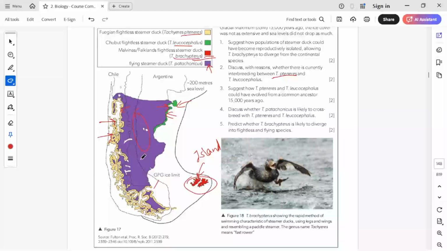The ones which can fly, these ones cannot reach over here, but the purple ones can definitely reach the red ones. And if interbreeding takes place, in that case it will be crossbreeding, because now they have developed into different species, but still there is a little bit of probability that crossbreeding might take place, and in that case they might also slowly develop into a flying species.